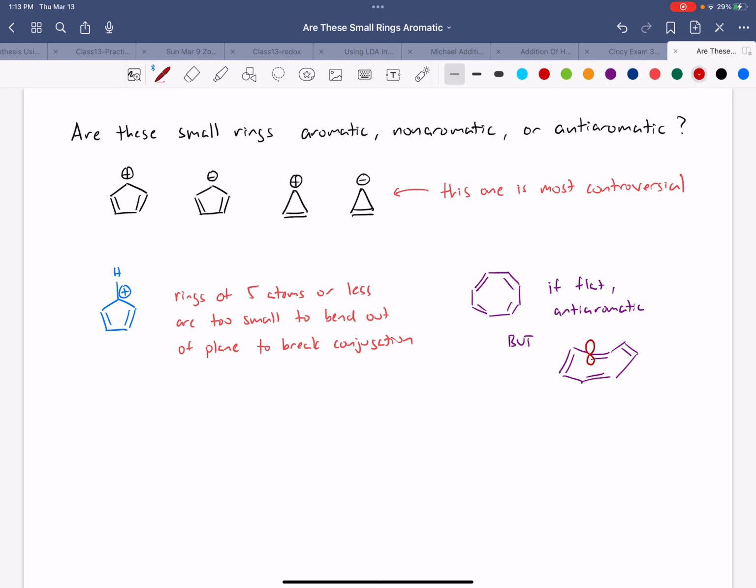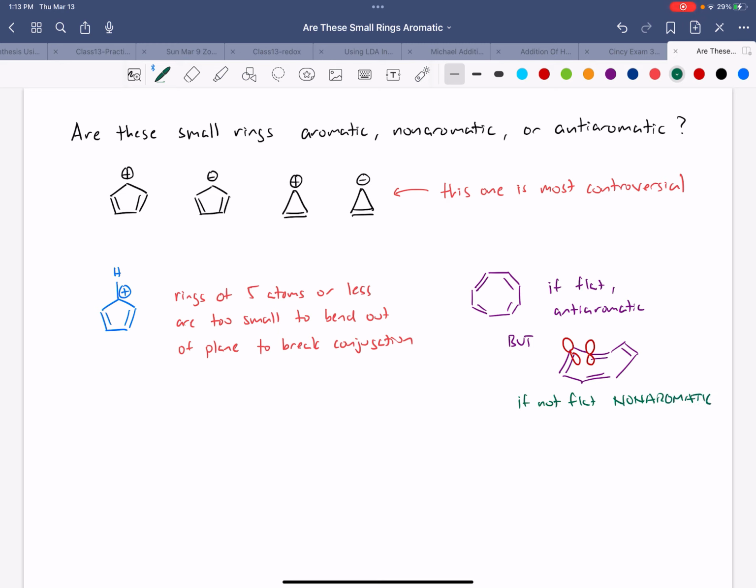You know there's a p orbital here, but now when we bend out of plane, there's enough misalignment that we don't have conjugation. And we know from our rules that if not flat, in this case, the molecule is non-aromatic. And that is the answer for this stop sign.